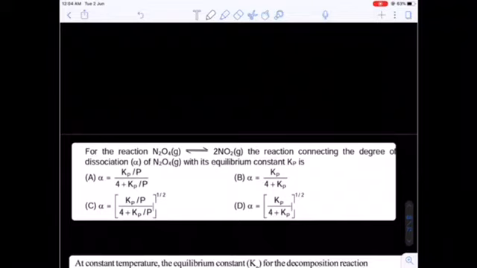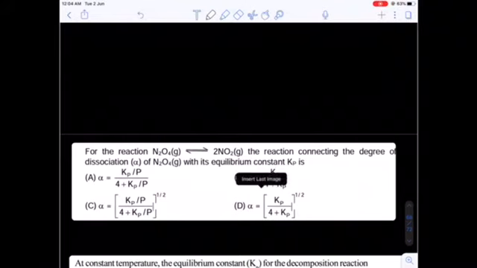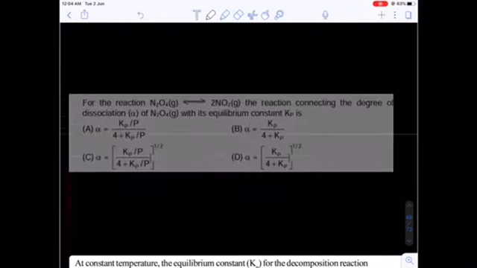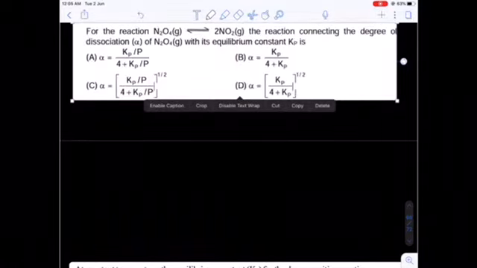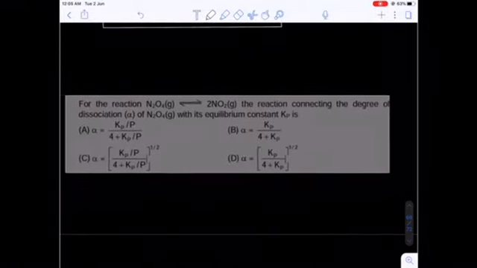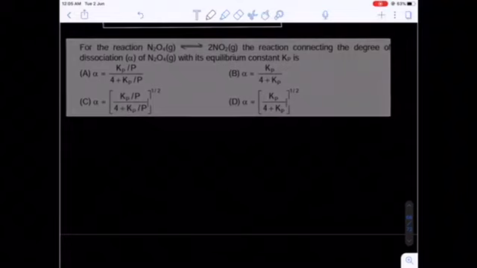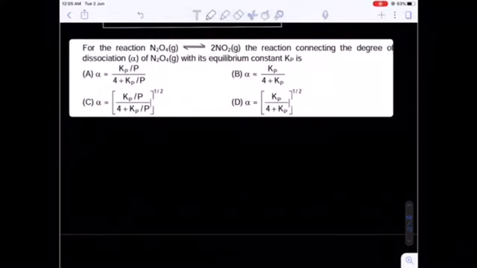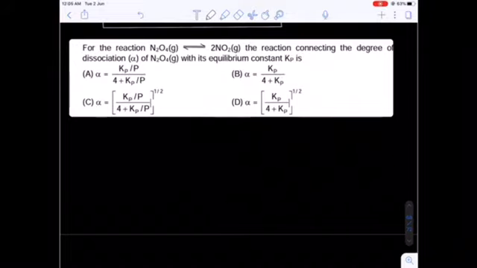Regarding this concept, we have two questions. The first question is, for the reaction N2O4 gives 2NO2, the reaction connecting the degree of dissociation alpha of N2O4 with its equilibrium constant.